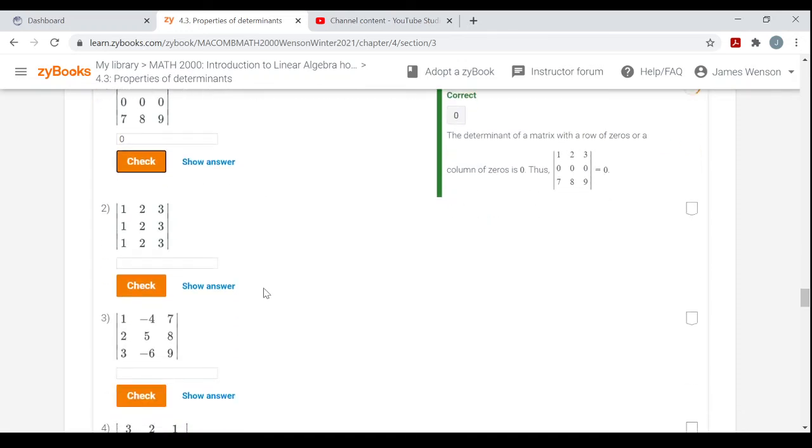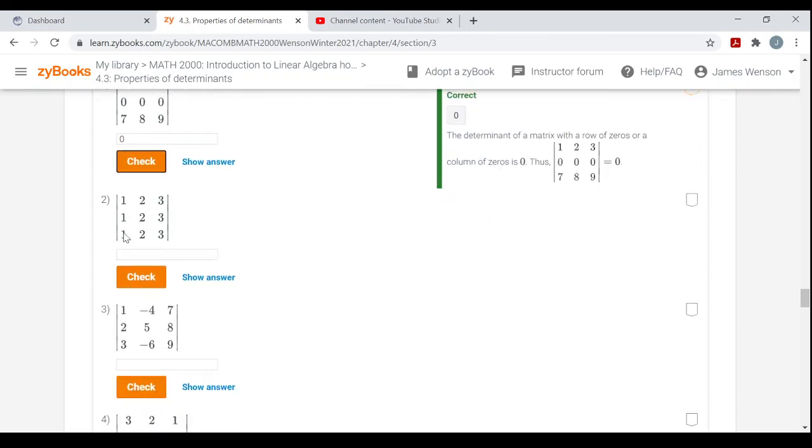This one, every single row is the same. And when you have two rows that are the same or two columns that are the same, every column is just a multiple of each other. The second column is just twice the first column. The third column is just three times the first column. So if you have rows that are exactly the same or columns that are multiples of other columns, something like that, the determinant will be 0.